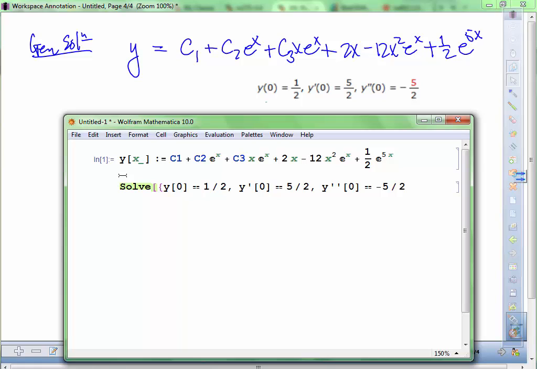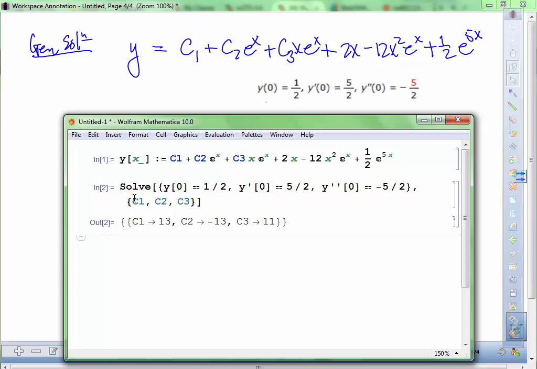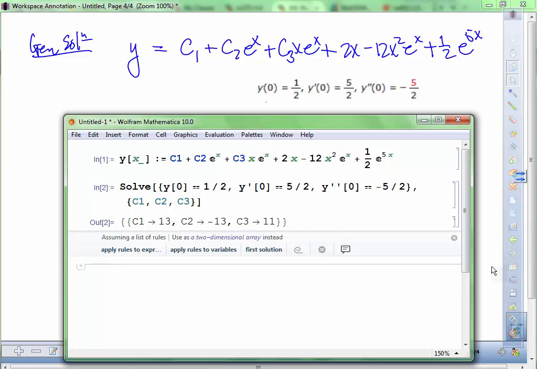And each of those, y prime, y double prime, and y, all have C1 and C2 and C3. So I'm solving for C1, C2, C3. So I got 13, negative 13, and 11.